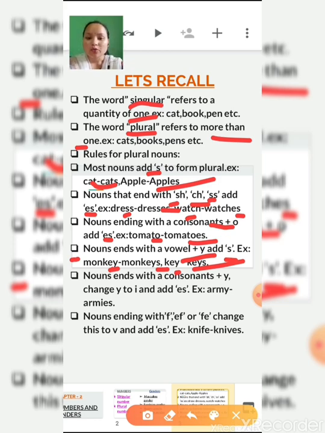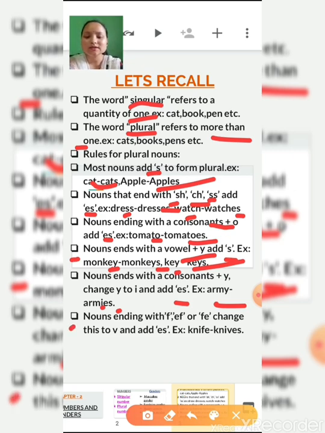Next, nouns ending with a consonant plus y. Change y to i, and then add es at the end. Example, army. What have we done? Instead of y what have we written here? I, and what have we added at the end? Es. From army it has become armies.